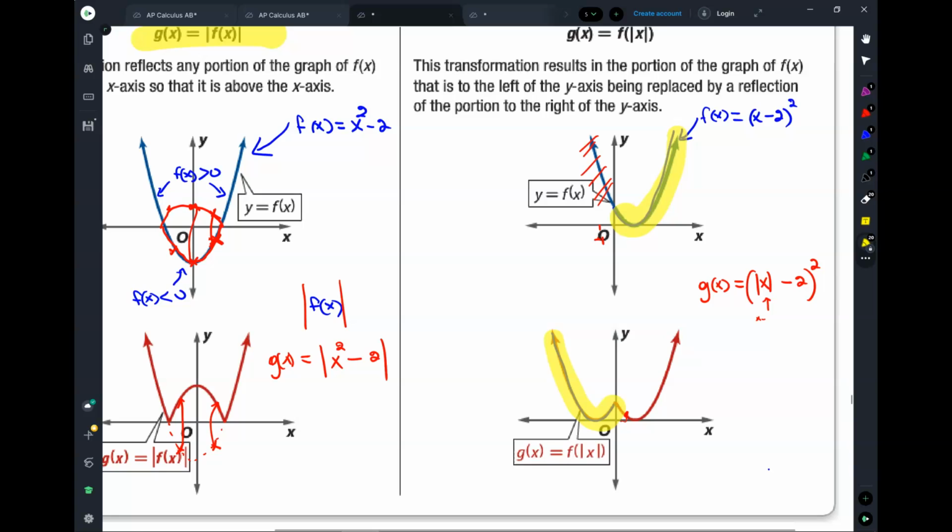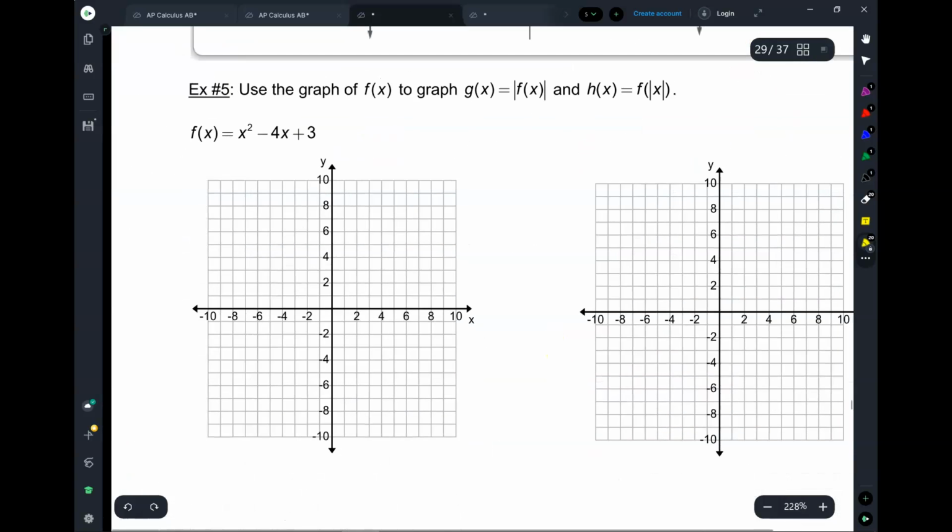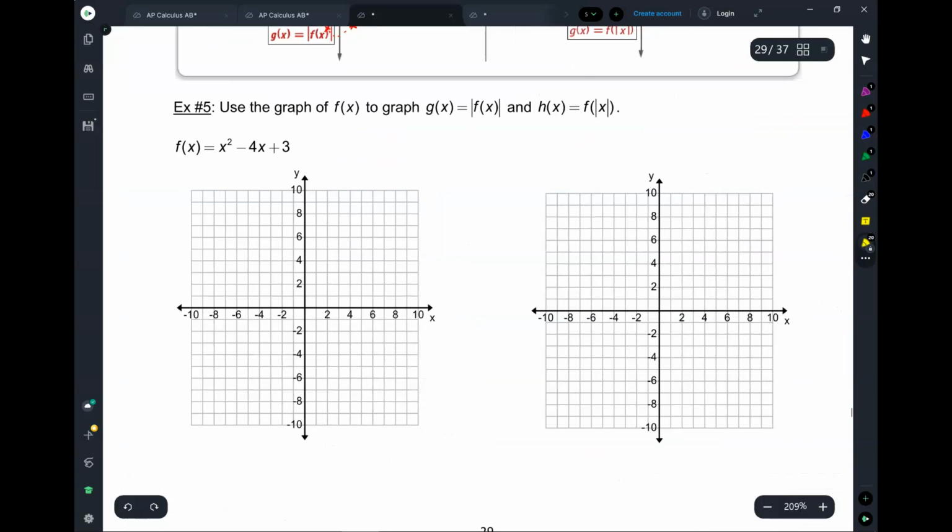Okay, so for this one here, I'm actually going to change this function to something else, something we can see a little bit more easily.